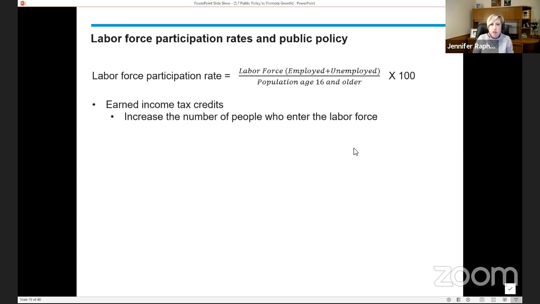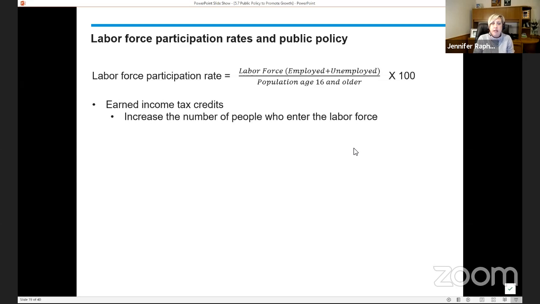Depending on how much that worker earns, it may be cost effective for one of the parents to stay home and not be in the labor force because the expense of putting a child in daycare may outweigh the benefits of the income earned by returning to work. So, one government policy that's been adopted is to provide what's called an earned income tax credit.